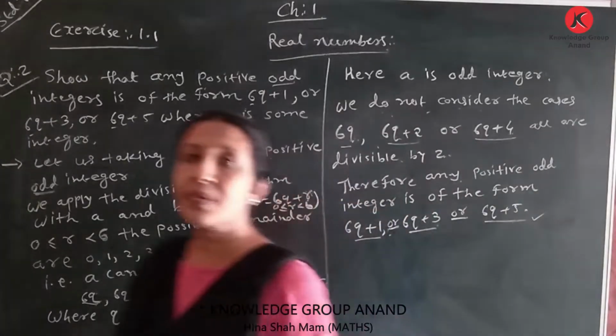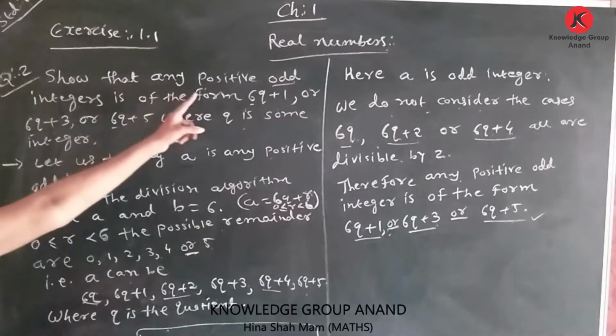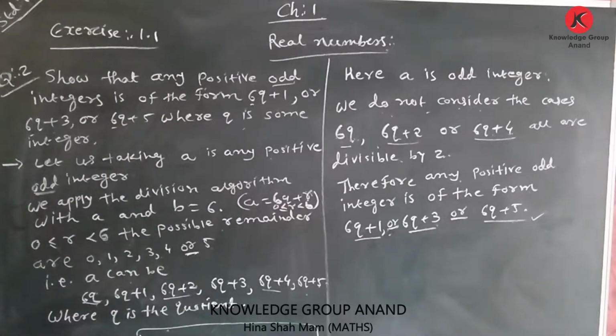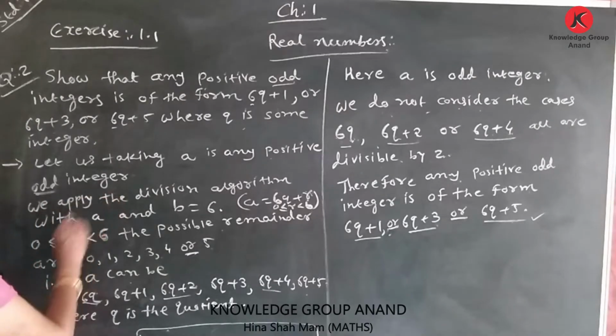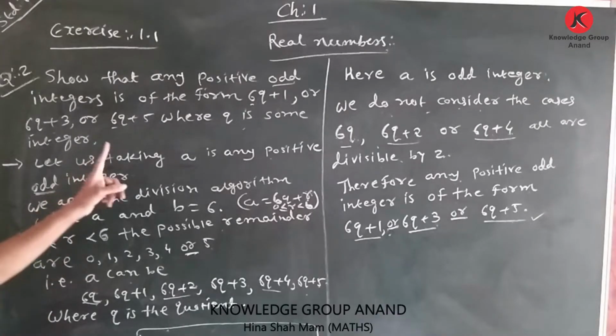Again, our question is that any positive odd integer is of the form 6q plus 1, 6q plus 3, or 6q plus 5. Let us take a as any positive odd integer. We apply the division algorithm with a and b equal to 6.